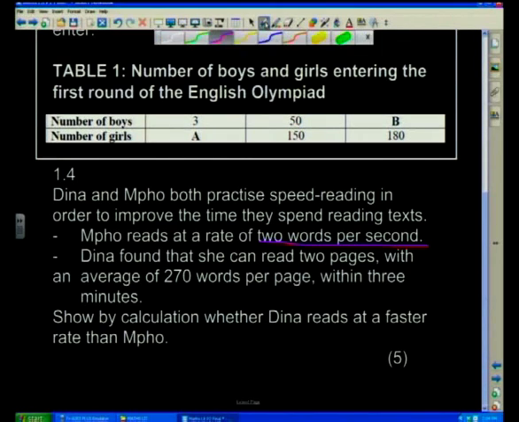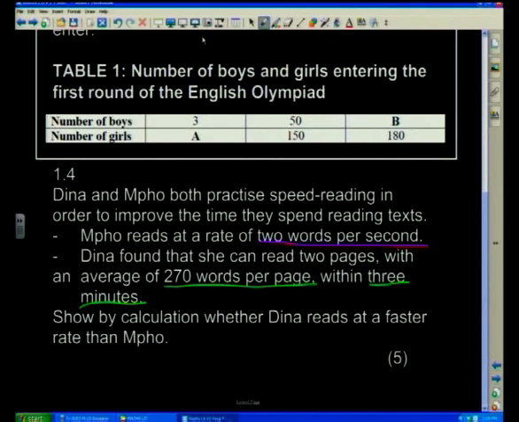Let's just highlight that because that is an important piece of information. She can read 2 pages with an average of 270 words per page, and that's taking her 3 minutes. Show by calculation whether Dina reads at a faster rate than Unpau.